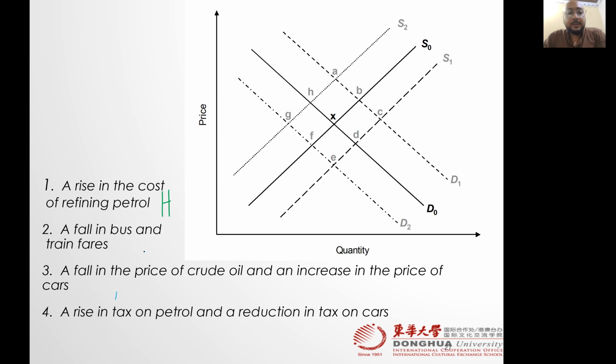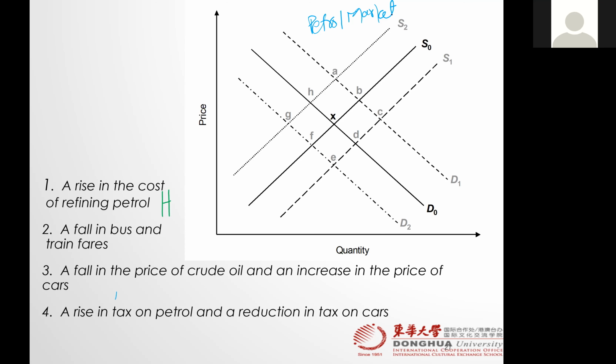A fall in bus and train fares. What will happen? This is the petrol price, the petrol market. What will happen? A fall in bus and train fares.